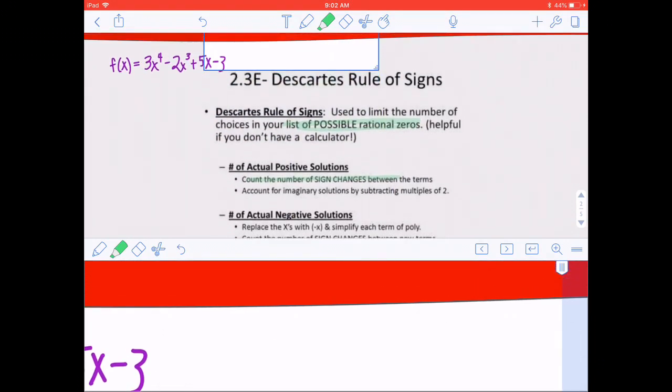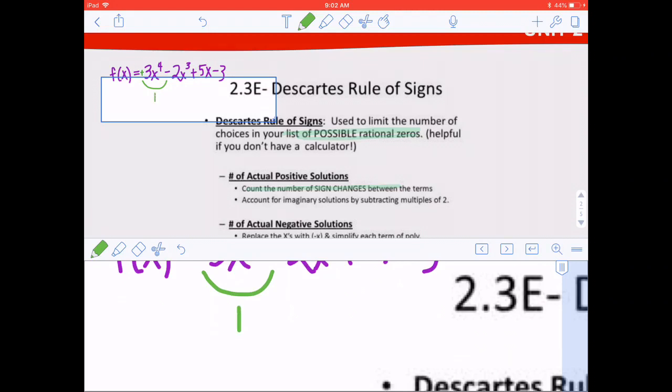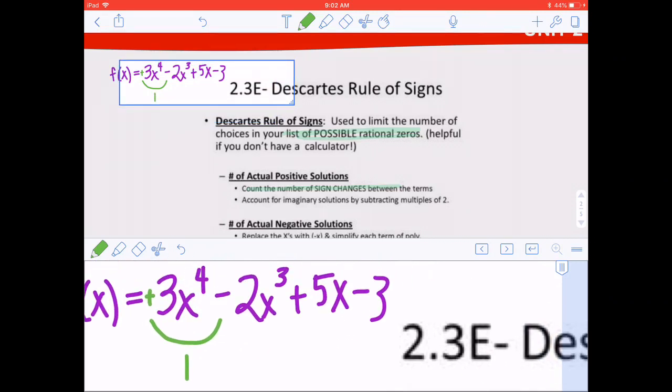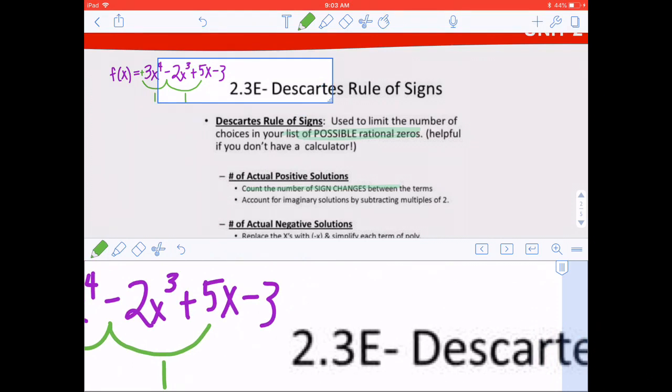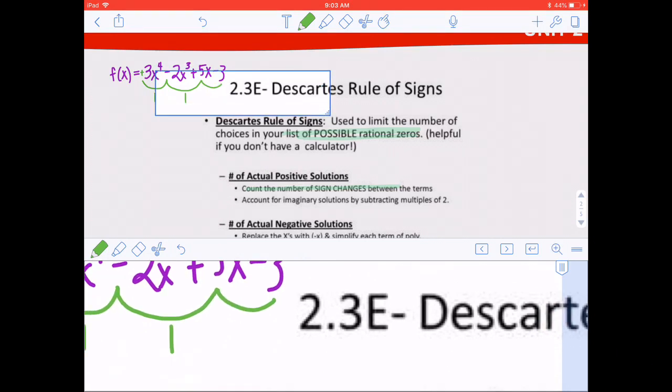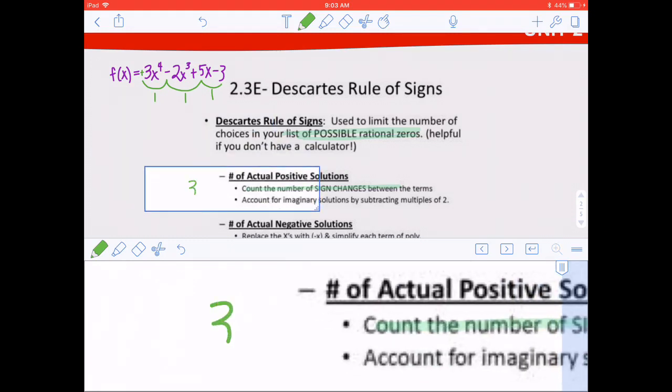So for example here, we went from a positive 3 here to a negative, so that's 1. And then we went from negative to positive, so that makes it another 1, so 2 so far. And then from positive to negative, that's another 1, so that gave us 3 sign changes total.